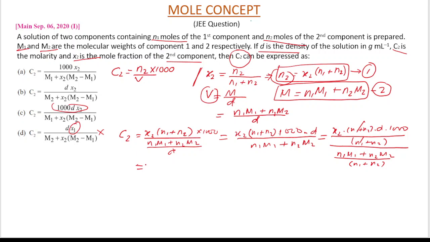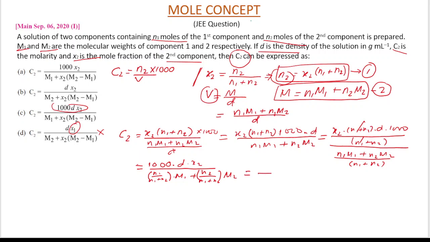So now it will come 1000 into d into x2 divided by, so this will come n1 divided by (n1 plus n2) into m1, and n2 divided by (n1 plus n2) into m2.